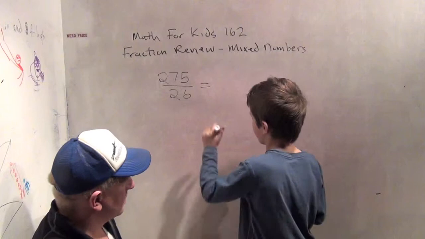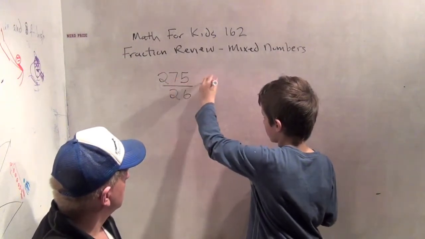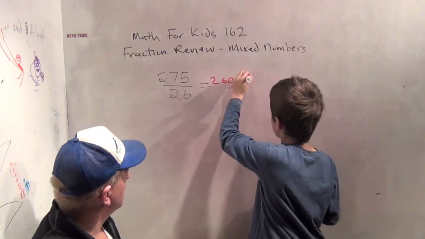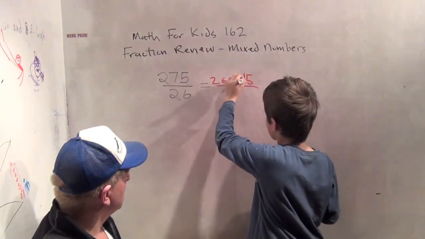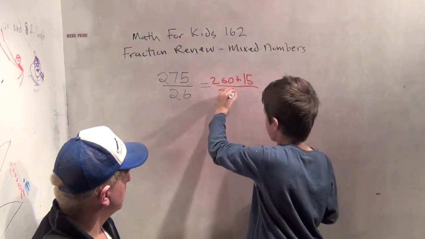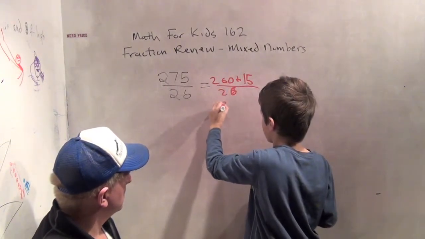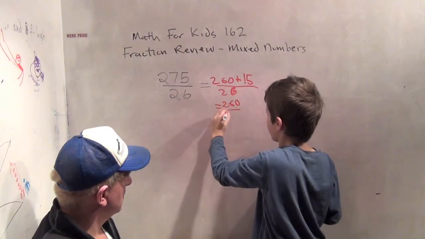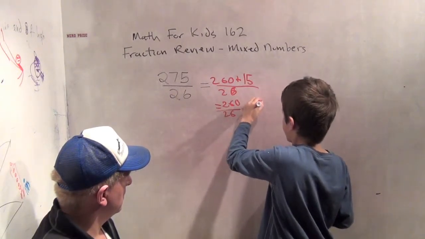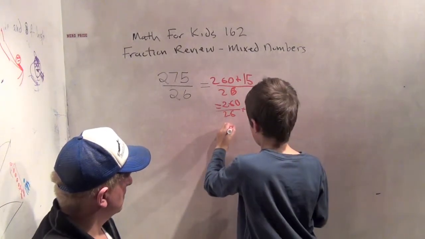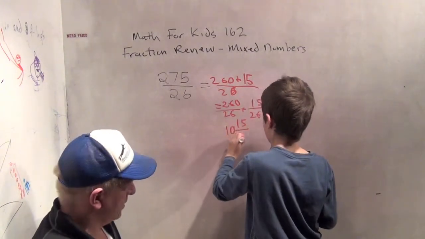So this is 260 plus 15 over 26, which is 260 over 26 plus 15 over 26, which is 10 and 15 26ths.